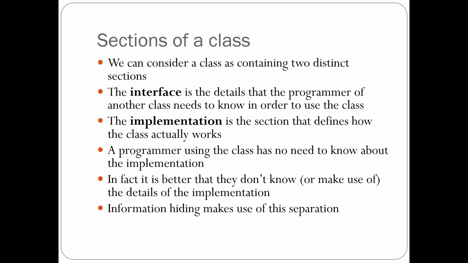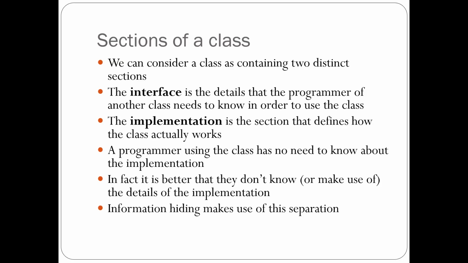Then there's the implementation, which is the actual nuts and bolts of the class and how it actually works. So we let people see and use the class through a very strict interface, and we don't let people mess around with the implementation.